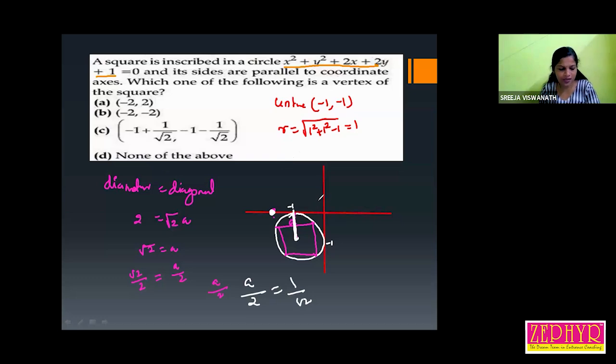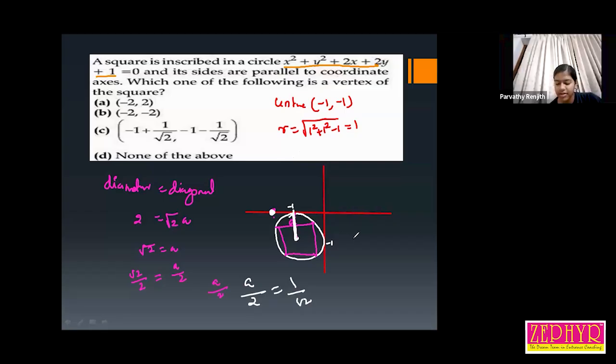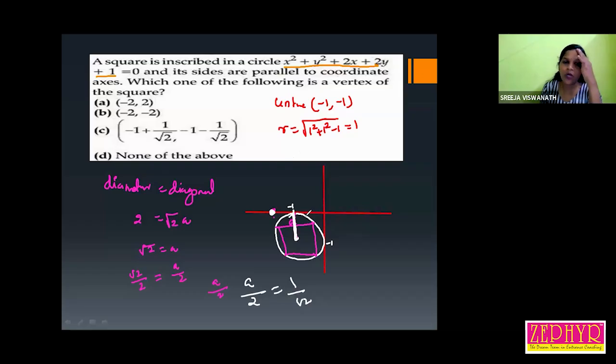X axis and y axis. Already x coordinate and y coordinate is at the center, minus 1. അതായത് മിഡിൽ പോർഷനിലാണ് നിൽക്കുന്നത്. Now നമുക്കൊരു a by 2 കൂടി ഇങ്ങോട്ട് എക്സ്ട്രാ ട്രാവൽ ചെയ്ത് കഴിഞ്ഞാൽ അതിന്റെ എഡ്ജിലേക്ക് എത്തും. Minus 1 ൽ നിന്നും 1 by root 2 ആഡ് ചെയ്യണം, new position കിട്ടാൻ.